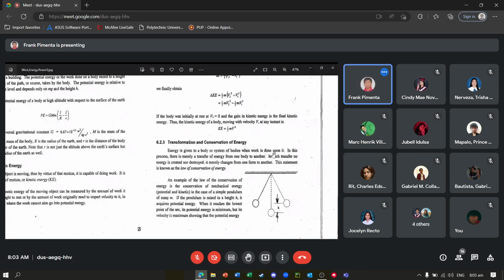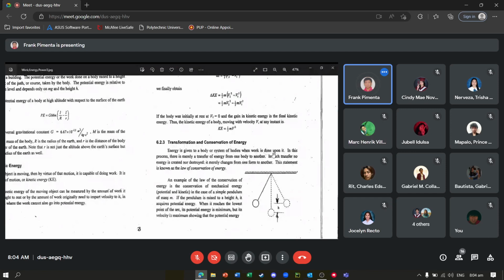So, getting the total energy here, which is kinetic energy plus potential energy, and kinetic energy zero, so the total energy here is maximum potential energy. Okay. Now, from zero velocity, it will go down. Velocity will increase until it reaches the lowest point, where the height is zero.